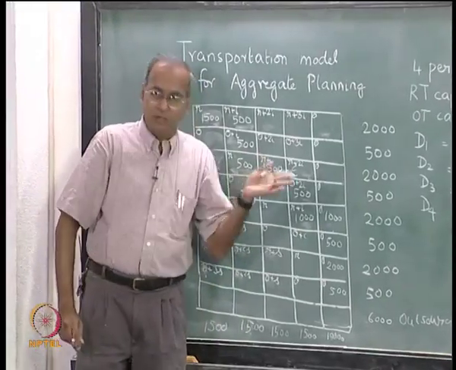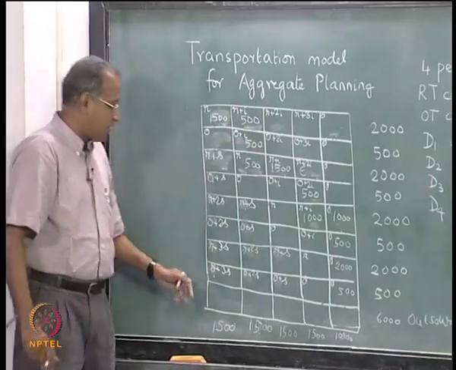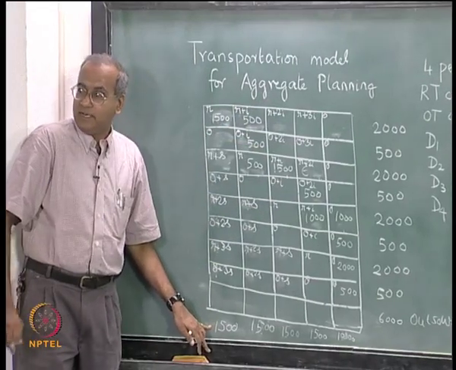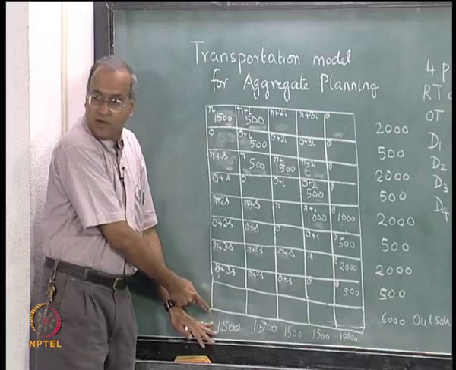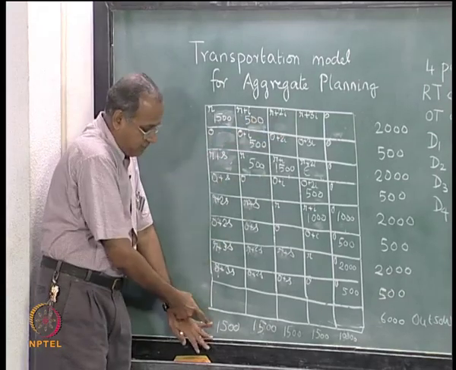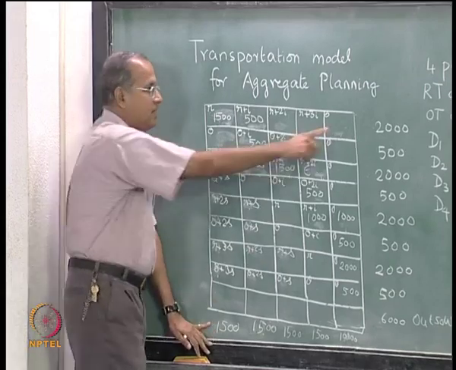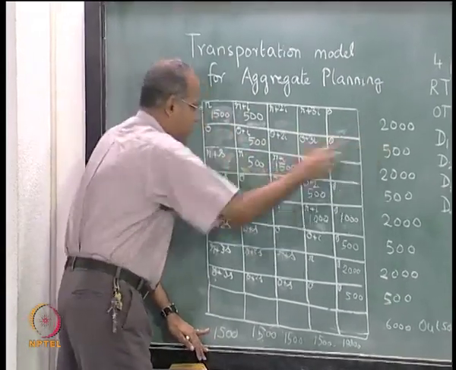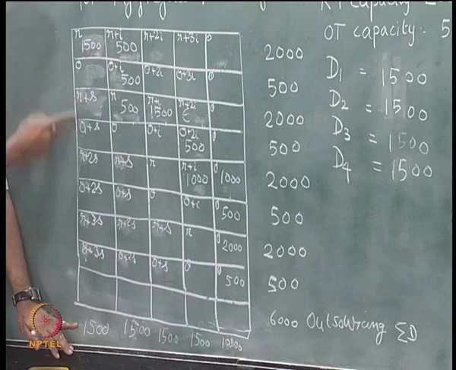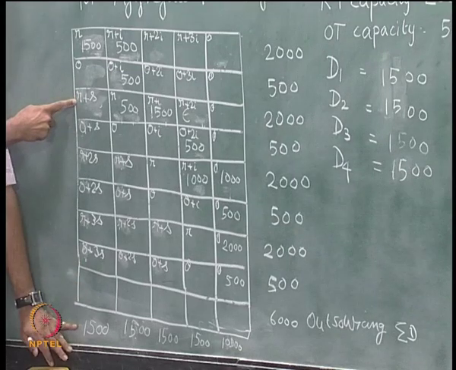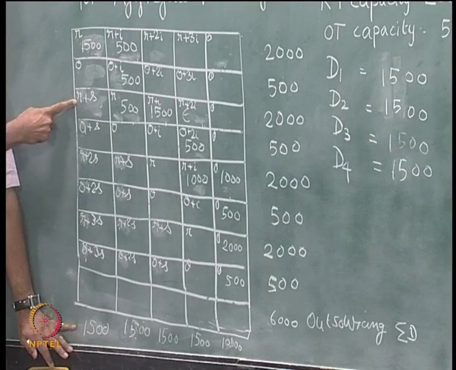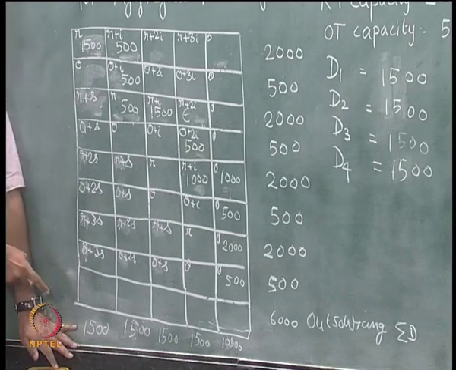Going back to the example that we had, where I actually made a change here. Initially I had put a higher value here, and when we were doing it, 2000 could come, 500 could come, because these had big M's and back ordering was not allowed, so I had to change this.